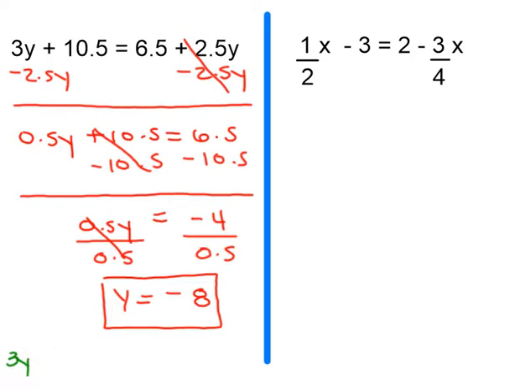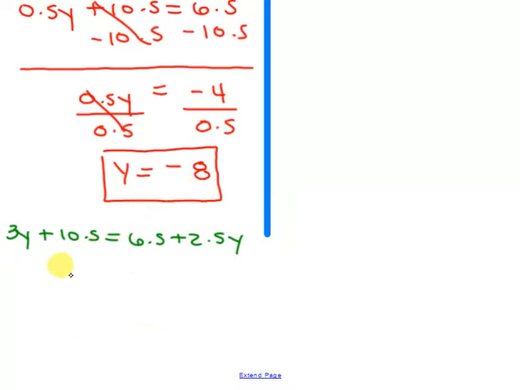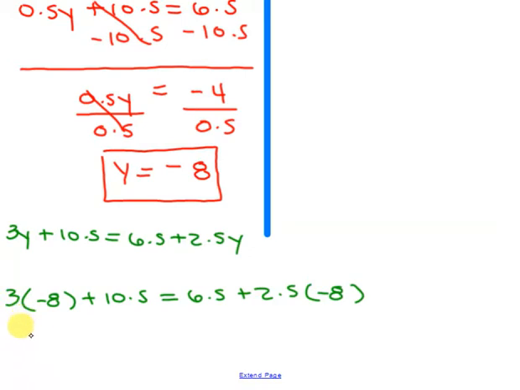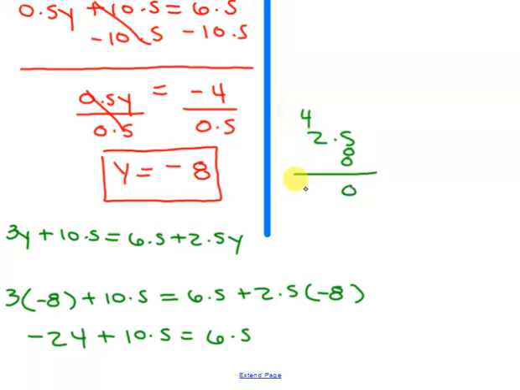So we had 3y plus 10.5 equals 6.5 plus 2.5y. All right, so everywhere there's a y, I'm going to plug in a negative 8. All right, so 3 times negative 8 is negative 24 plus 10.5 equals 6.5, and then we have 2.5 times 8, 40, 16, 20.